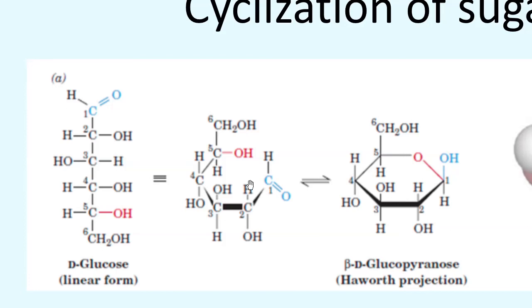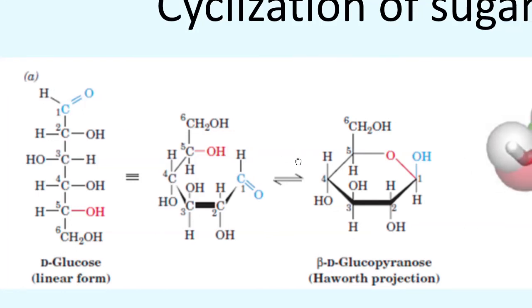The next representation shows the bond angles properly. Carbon 1 has an aldehyde, so the bond angles are 120 degrees because of a carbon to oxygen double bond. The rest of the carbons are tetrahedral with bond angles of around 109 degrees.